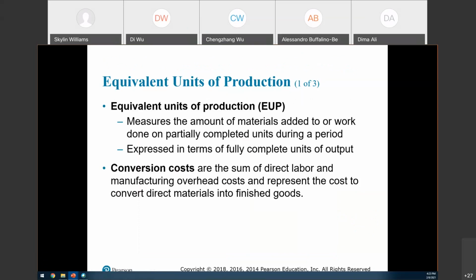So to better understand EUP, let's consider this example. A young boy is helping his father in the garden by carrying buckets of water for the plants. But the boy is small and the bucket is heavy. So the father only fills the bucket half full.